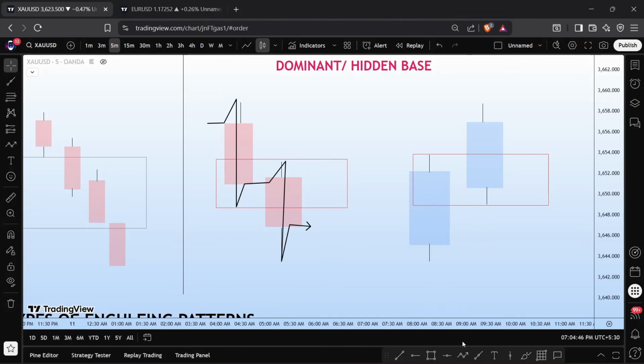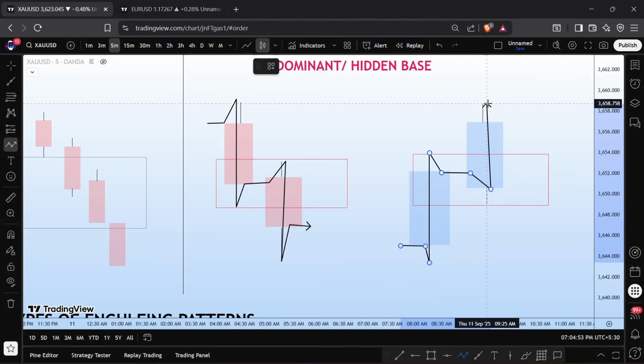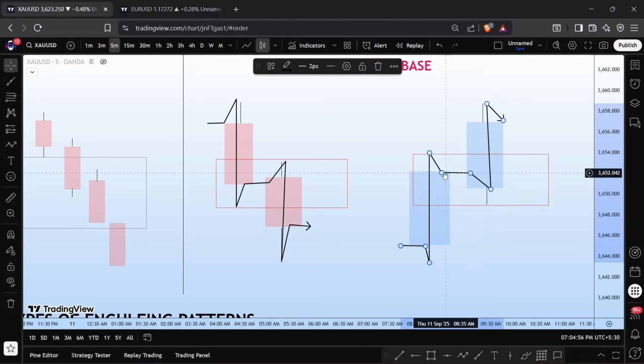Same goes for here. We have open, low, high, close, open, low, high, close. This sell to buy movement is our dominant area, or you can say it is a rally, a base, and a rally.